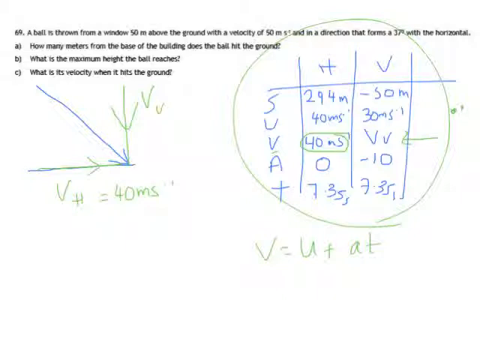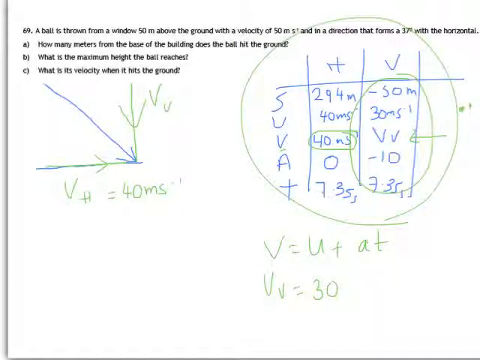If we apply the values in the vertical column, we have final vertical velocity is equal to 30 minus 10 times 7.35, which will give you a value of minus 43.5 meters per second.